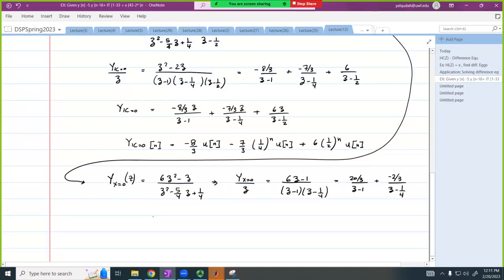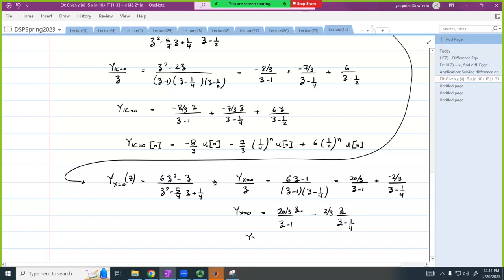And therefore, y when x is equal to 0 is going to equal 20 over 3 multiplied by z divided by z minus 1, minus 2 over 3 multiplied by z over z minus 1/4.